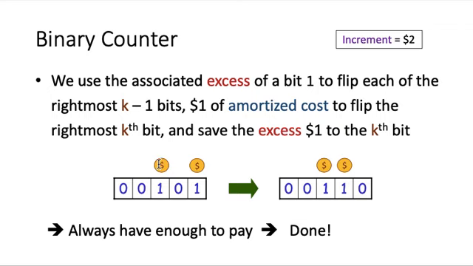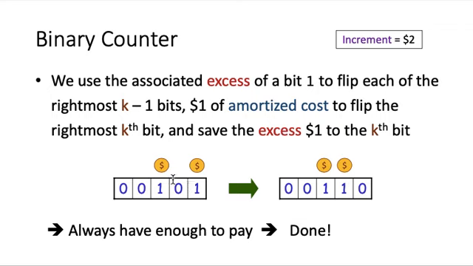Each one has an associated excess of $1. So when it is incremented, this bit changes from 1 to 0, and we pay for it by using the associated excess. Whenever it is changing from 1 to 0, we don't care, because there is always money to pay for it.